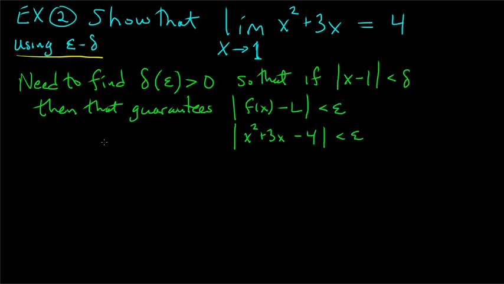Okay. So how are we going to find this delta? One thing to notice is this x squared plus 3x minus 4.